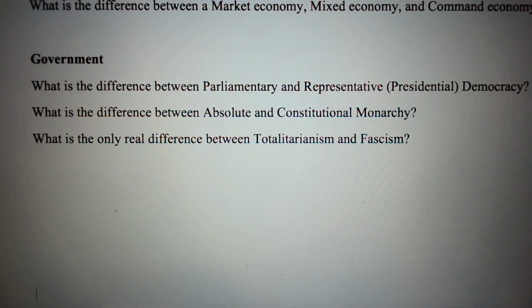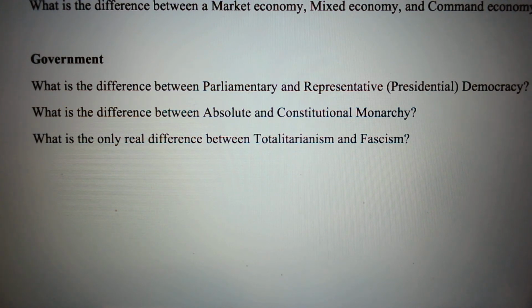Absolute monarchy, the king or queen has absolute power. Whatever they say becomes law, and they are above the law. They don't actually have to follow the law themselves. Constitutional monarchy, on the other hand, is where you have a king or queen, but they are under the law. They have to obey the law, and they have no real power. They are just a figurehead. The real power is with the prime minister.